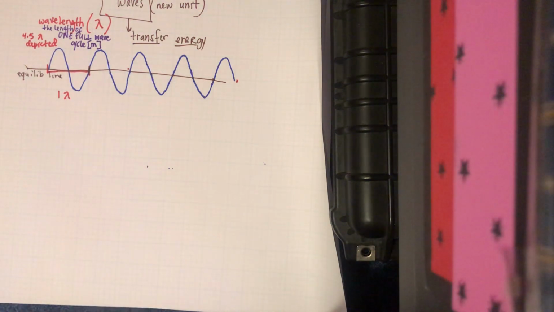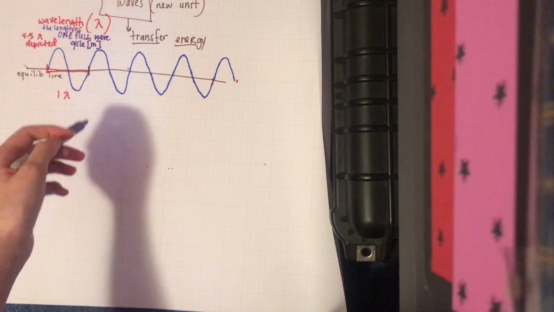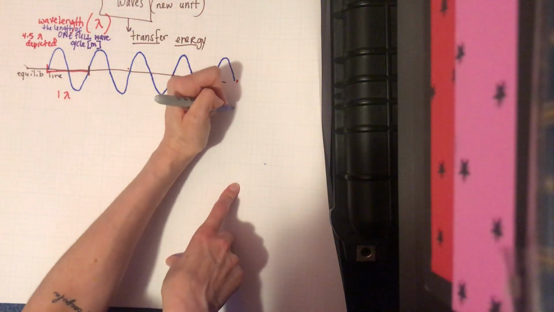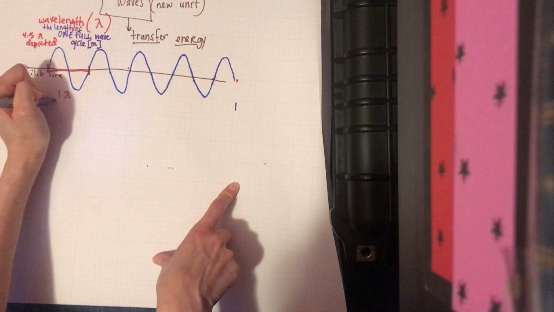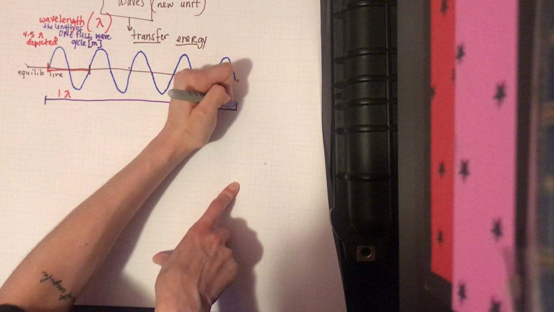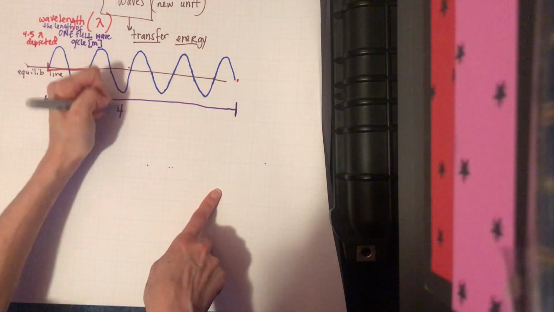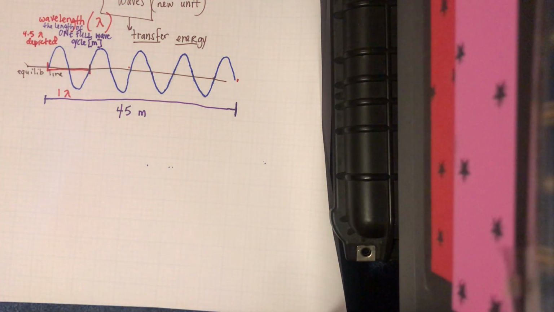Now if what I have here are 4.5 lambda, or 4.5 waves, then what would one wavelength be if I tell you that from here to here we have a distance of, let's say, 45 meters? What would 1 lambda be equal to?